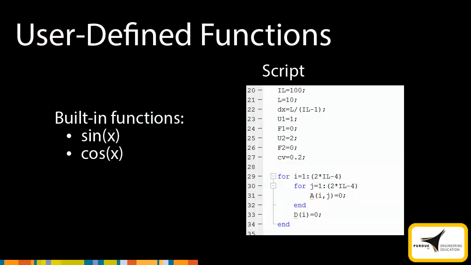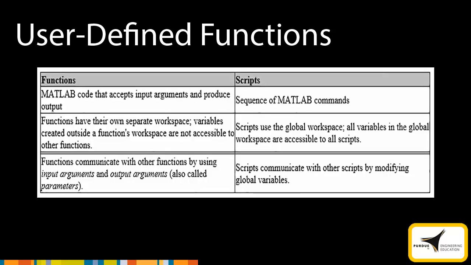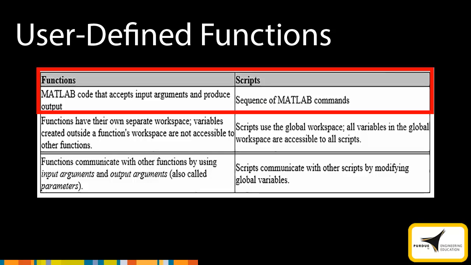In MATLAB, you have worked with built-in functions such as sine and cosine, and scripts or M files. The table here shows the major differences between functions and scripts. Functions are MATLAB code that accept input arguments and produce output arguments, while scripts are simply a sequence of MATLAB commands.